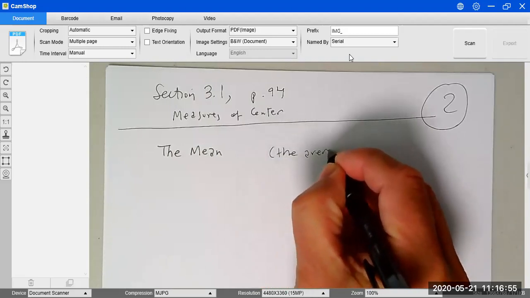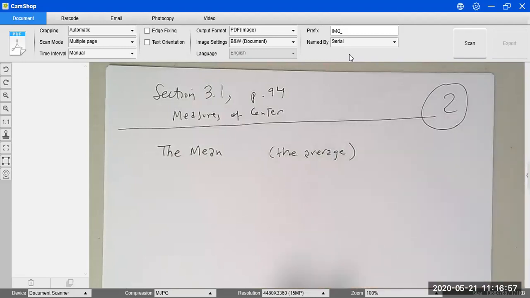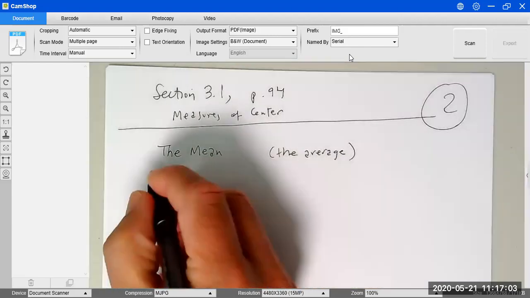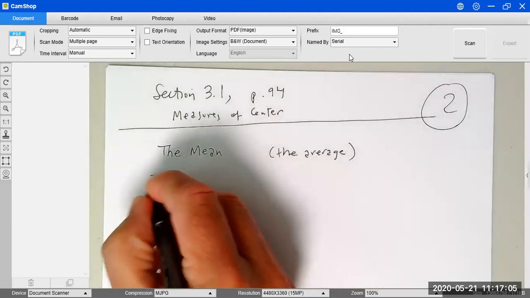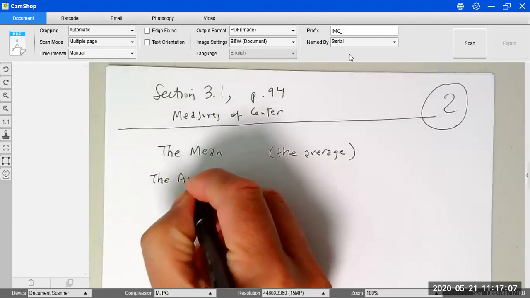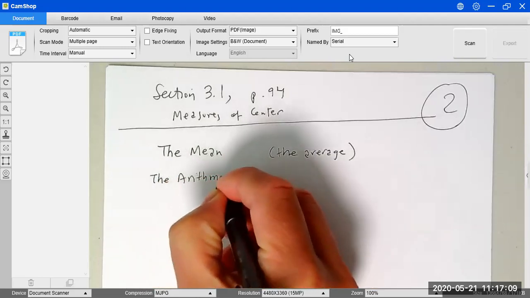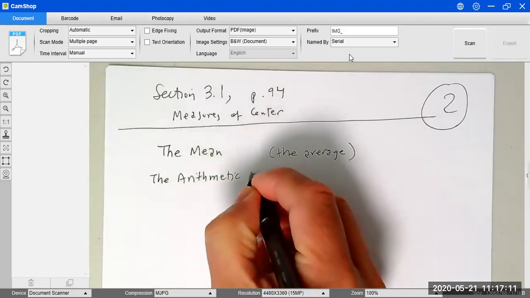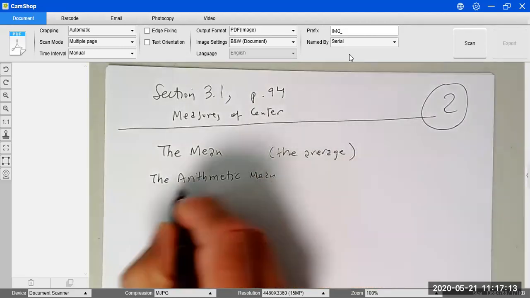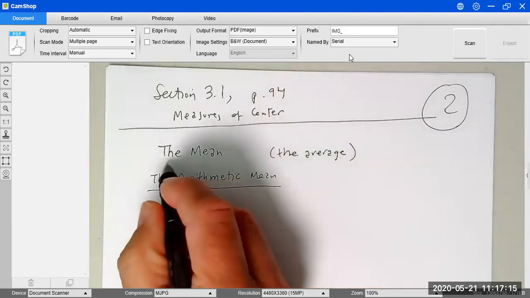So we have a notion about the mean already. The average, but the correct name is the mean, or more specifically, the arithmetic mean.